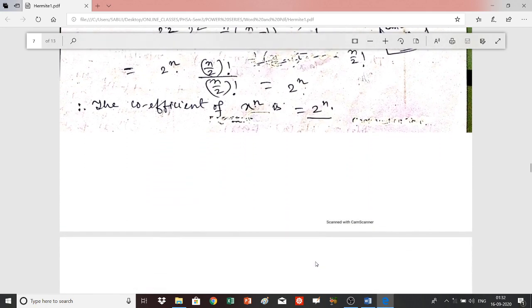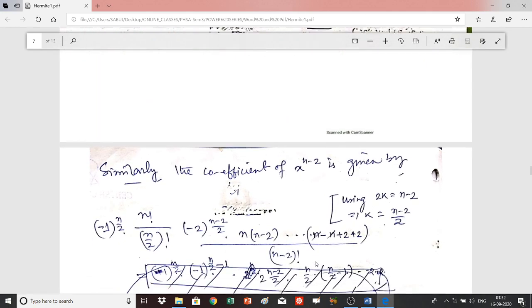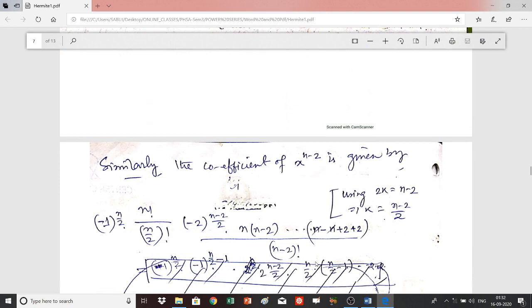Now if you wish to find out the coefficient of x to the power n minus 2, it can be obtained by taking 2k is equal to n minus 2, or k is equal to n minus 2 by 2.